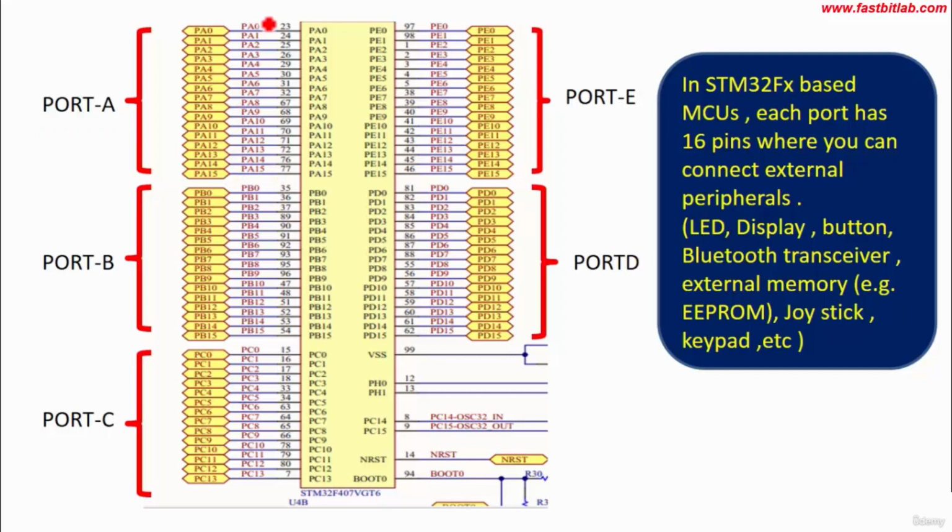And this is the pin number of the microcontroller. That means the microcontroller's pin 23 is actually PA0, the 0th pin of port A. Like that, this microcontroller has many ports, like port F, port G, port H, etc. But only these ports are exposed on the board.